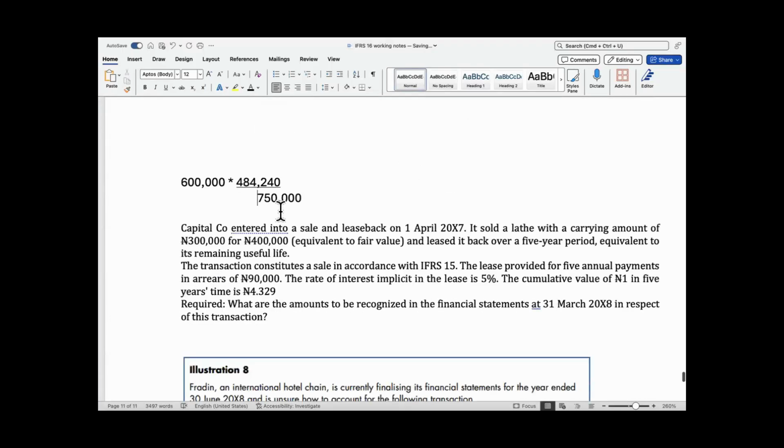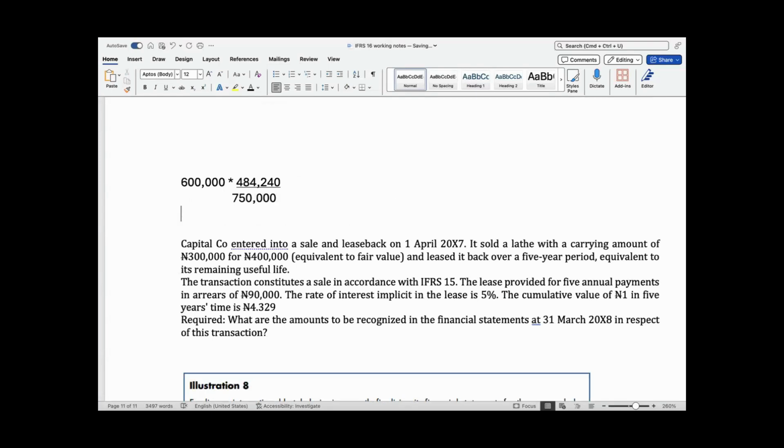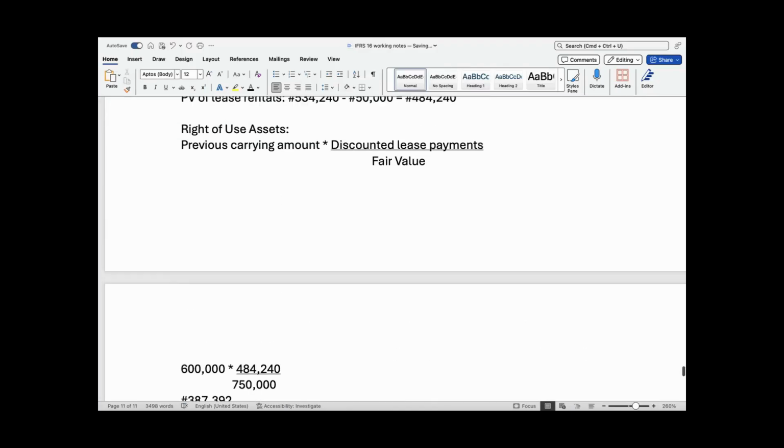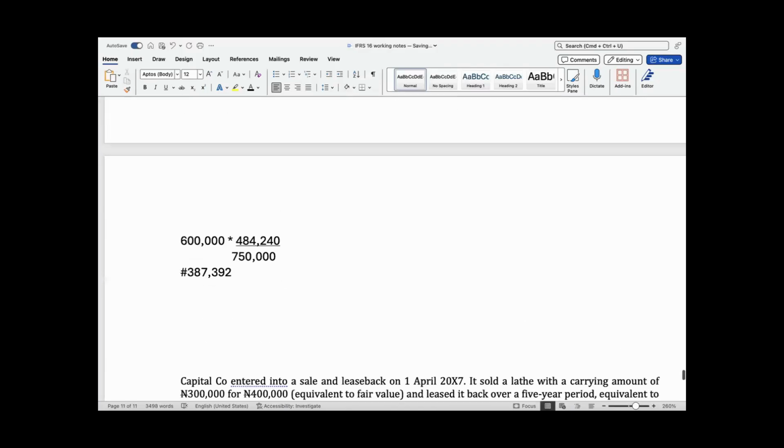So if I punch my calculator, this 484,240, I divide it by 750,000, then I multiply it by 600,000. It gives me 387,392. That's my right of use assets.